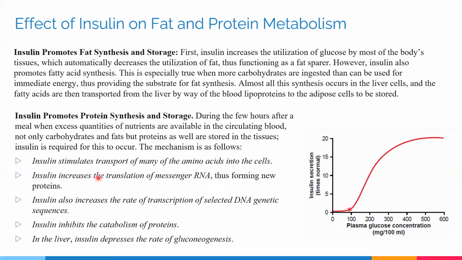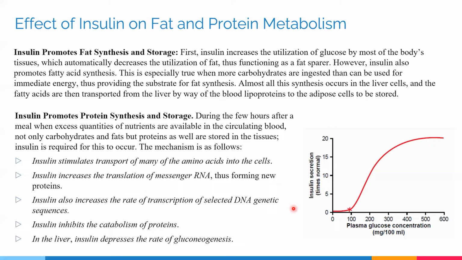Insulin stimulates transport of many of the amino acids into the cells. Insulin then increases the translation of messenger RNA, thus forming new proteins. Insulin also increases the rate of transcription of selected DNA genetic sequences. Insulin inhibits the catabolism of proteins, or the breakdown of proteins. In the liver, insulin depresses the rate of gluconeogenesis, or the production of glucose.